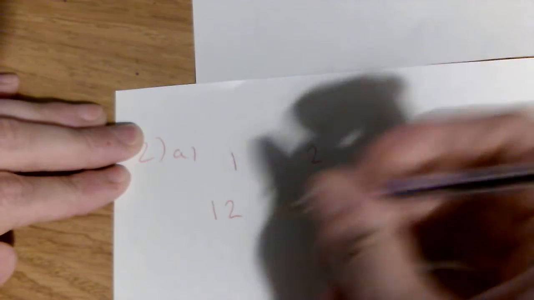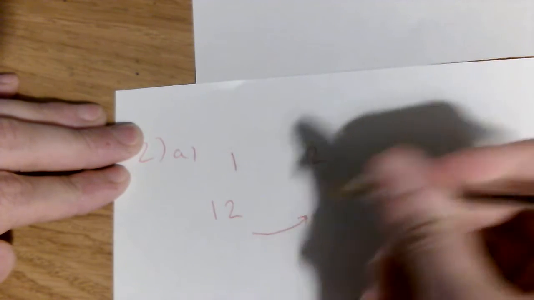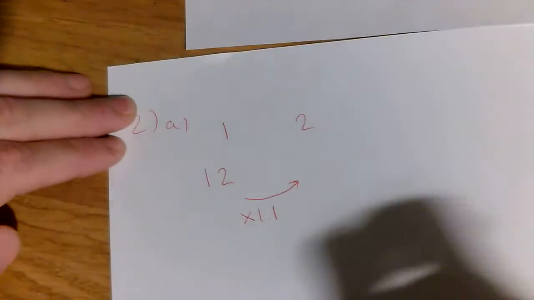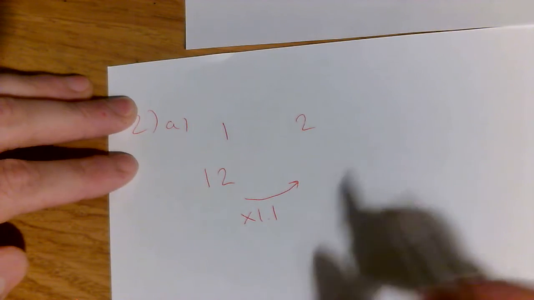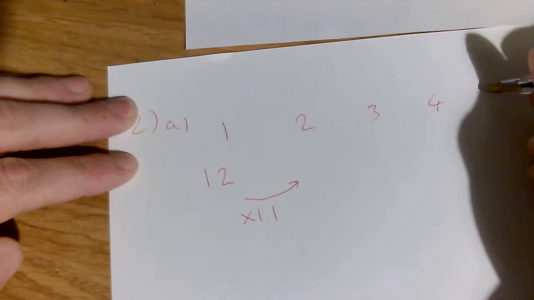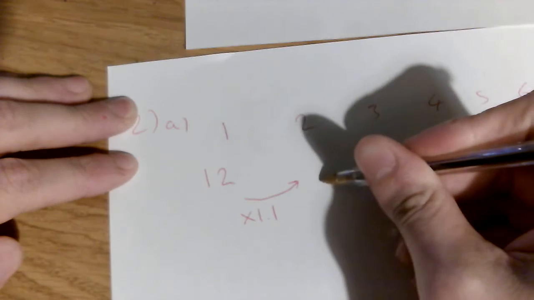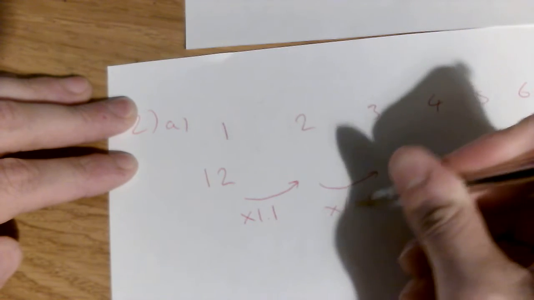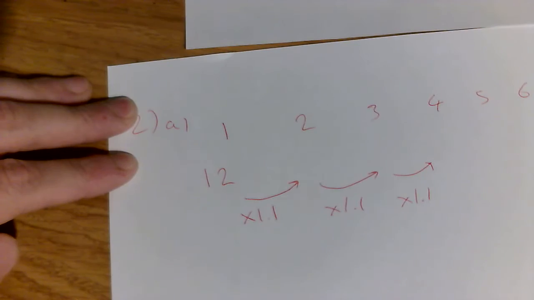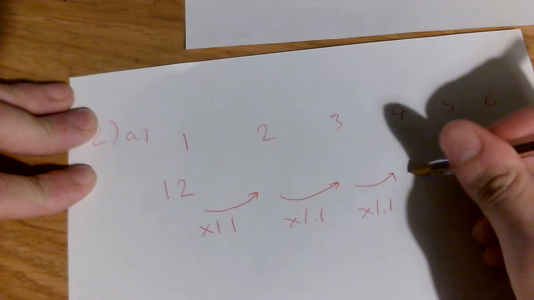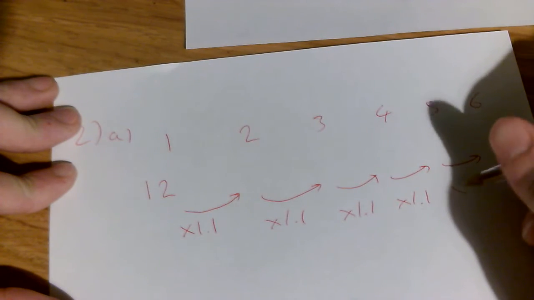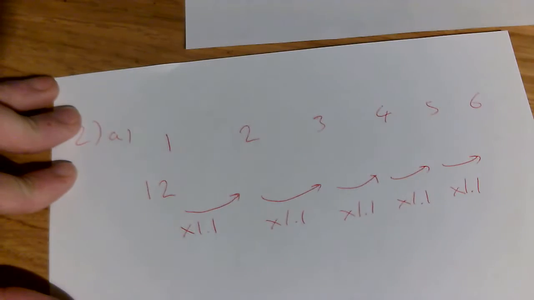In hour 2 we have to apply this multiplier of 1.1 in order to get to the 2nd hour. So we do that on our calculator if we need to. Hour 3, hour 4, hour 5, hour 6. Whatever these are going to be, to get to the next one, each time we're increasing by 10%, which means each time we're multiplying by 1.1.